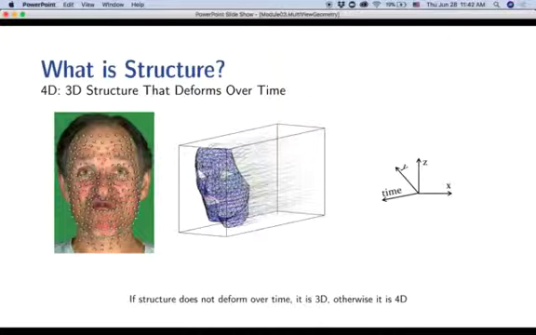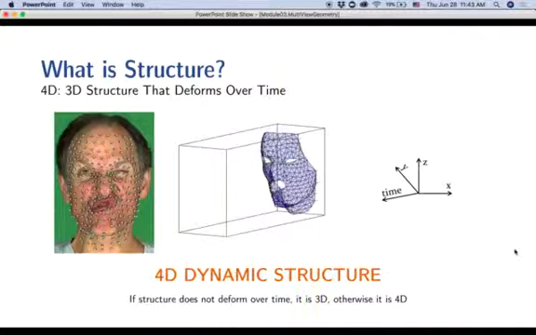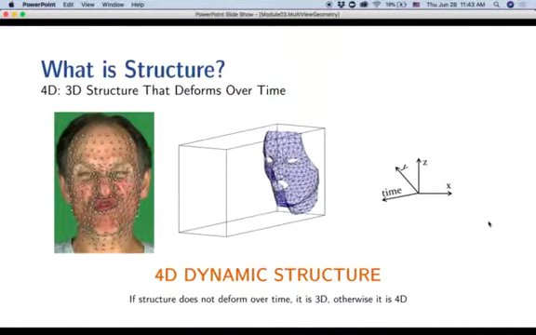Now, if structure does not deform over time, which means it's rigid, then it's a 3D structure. Otherwise, it's a 4D structure. That's the difference between rigid and non-rigid structure from motion. We call dynamic structure, which deforms over time, four-dimensional: your axes are X, Y, Z, and time.